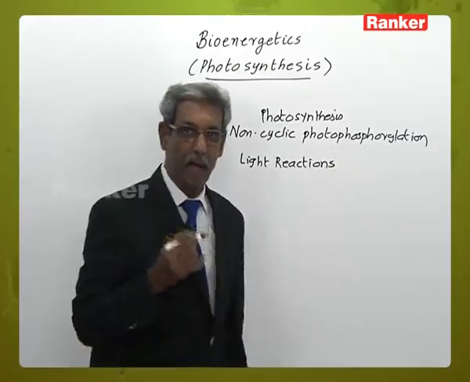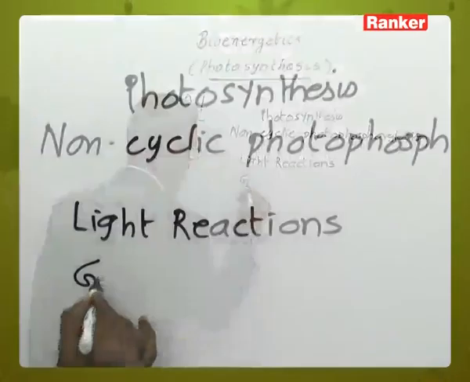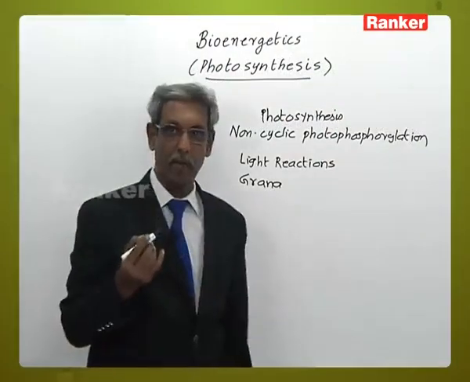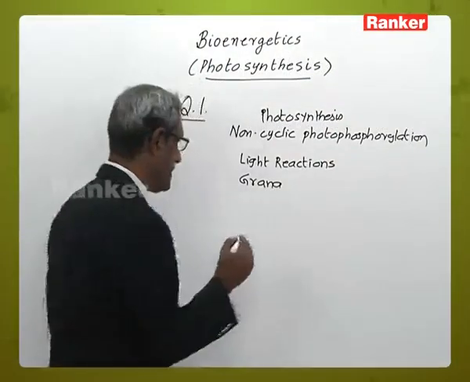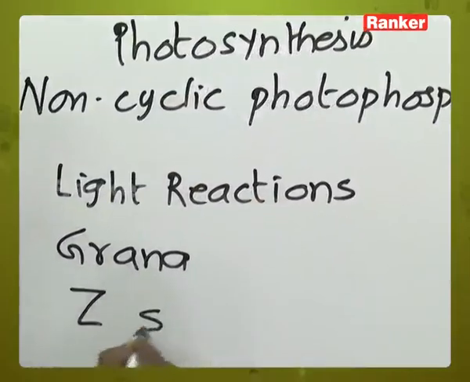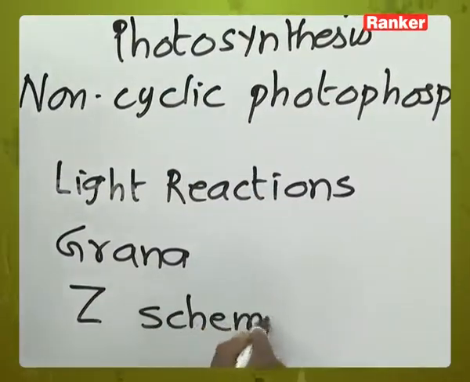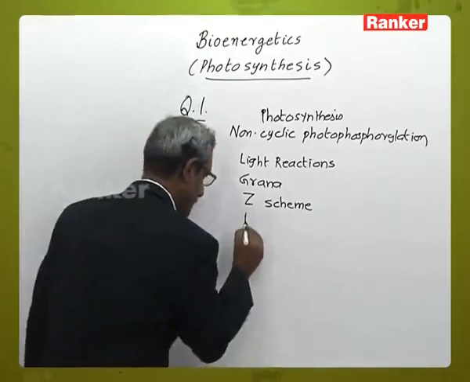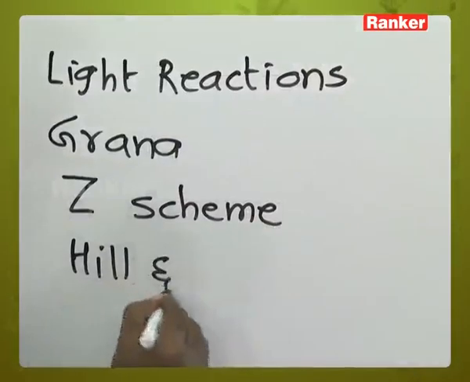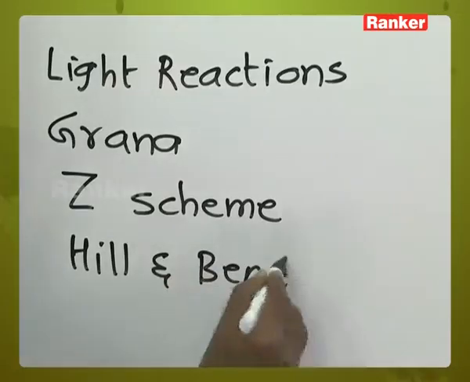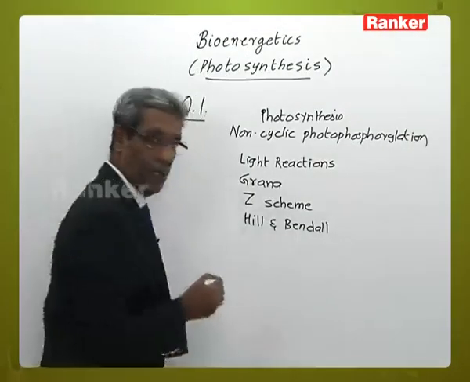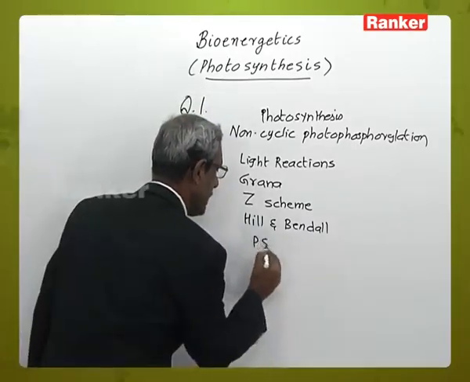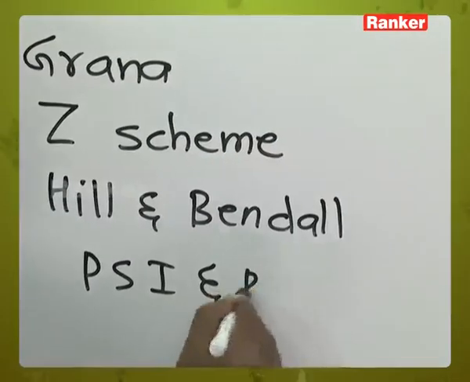The light reactions occur in the grana. Non-cyclic photophosphorylation is also termed as a Z scheme. It has been studied by Hill and Bendall. There is the involvement of both the photosystems, PS1 and PS2.